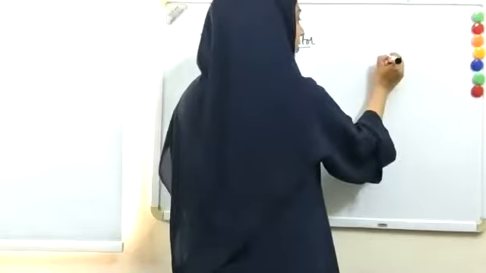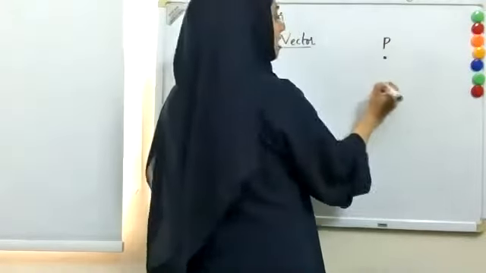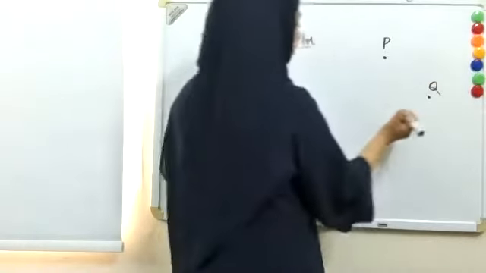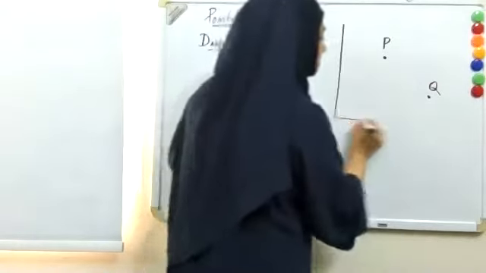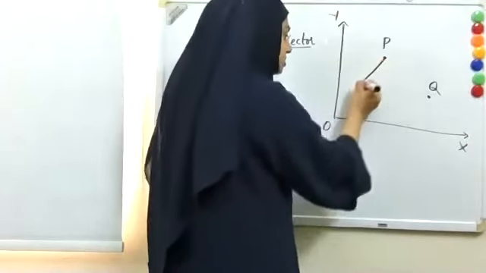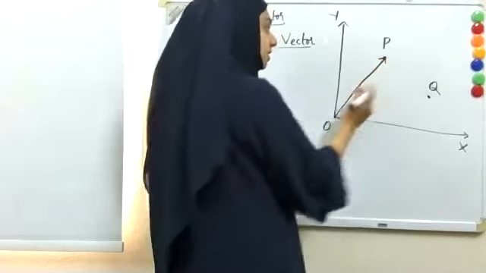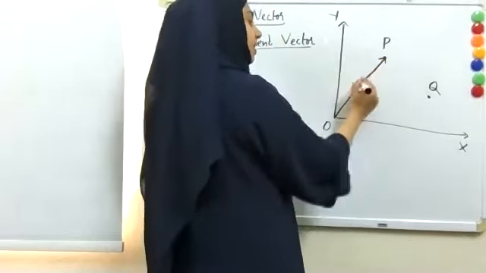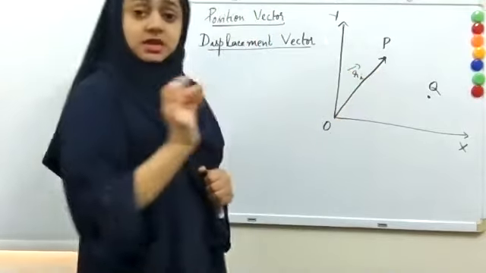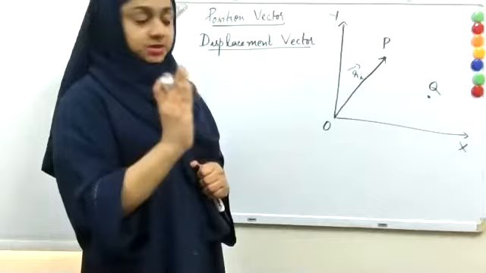Suppose I have an object at a point P. After some time, it moved to a point Q. So I can represent in the plane with axes X and Y, with this as the origin, the position vector of the particle initially, OP. I represent that as R i. R i means the initial position of the particle.